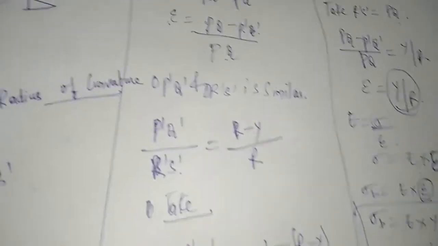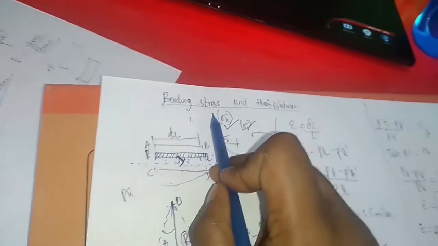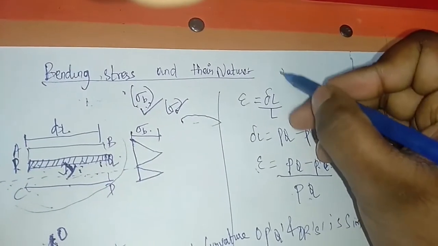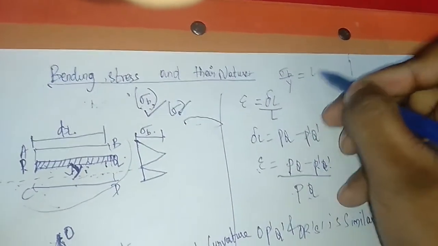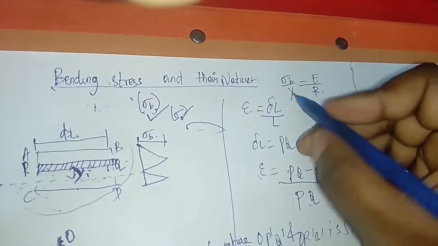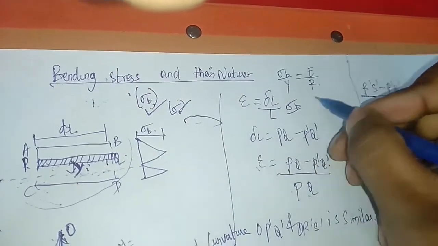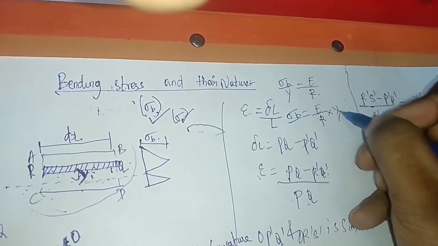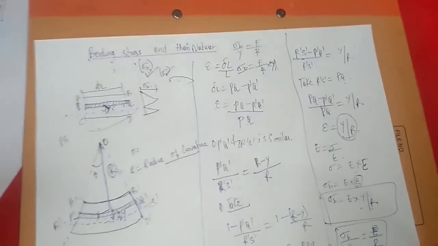This equation is called the bending stress equation. I will write it here: bending stress equation, sigma B by Y is equal to E by R. Or else we can write sigma B is equal to E by R into Y. Okay, students, you understand how to find the bending stress equation?